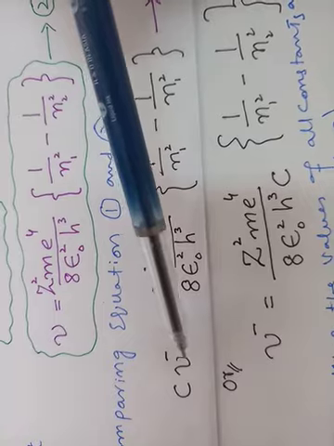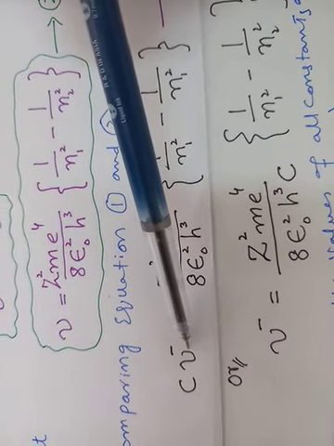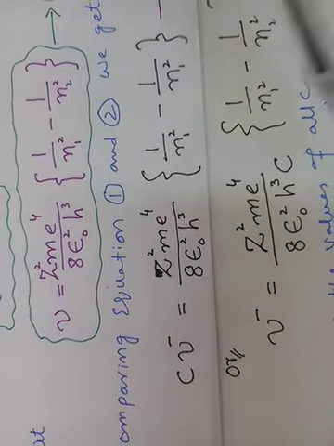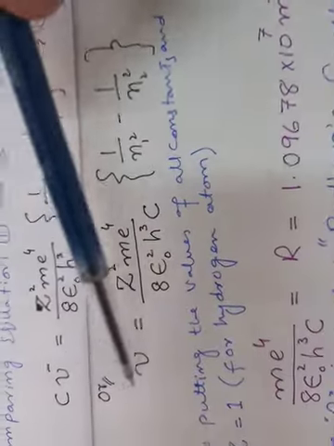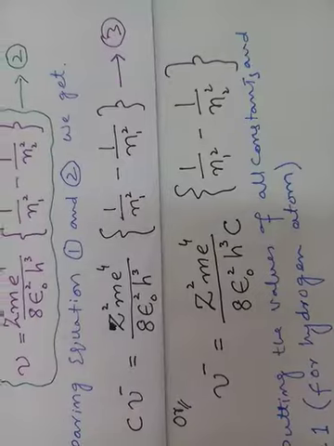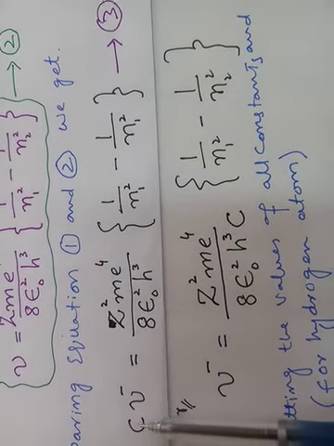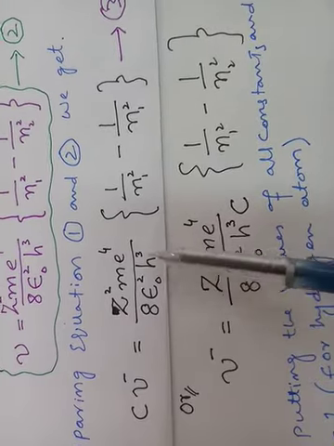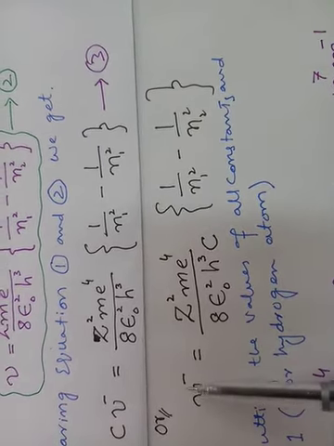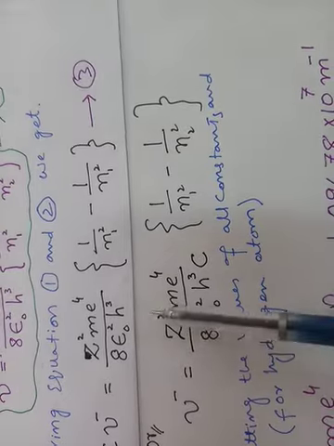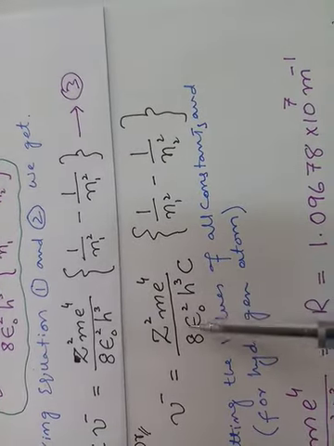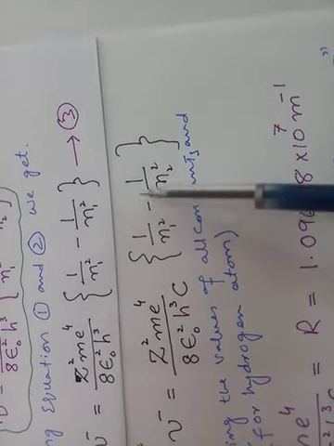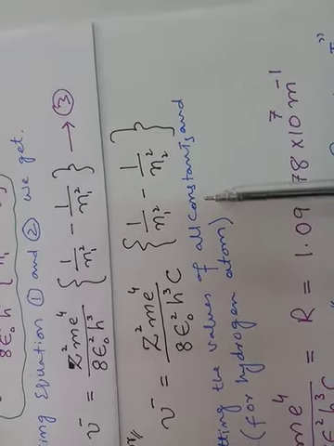But as we are deriving an equation for the wave number, we have to shift this velocity to the other side. You can check here that I have transferred this velocity term, which is the speed of light, here. So we get the equation nu bar is equal to Z square m e^4 by 8 epsilon naught square h cube c into 1 by n1 square minus 1 by n2 square.